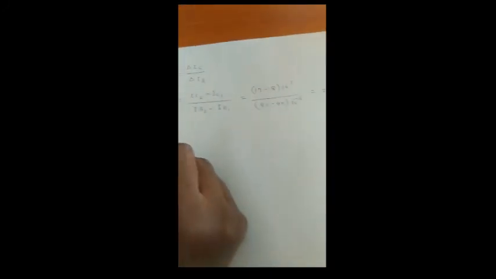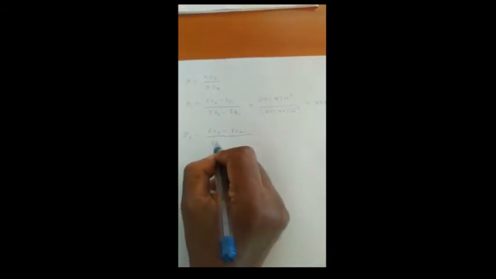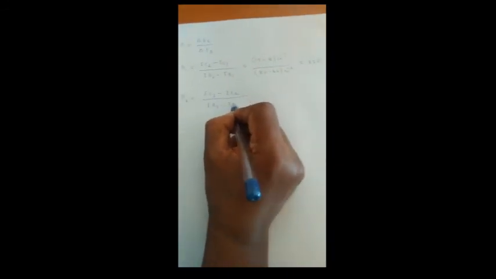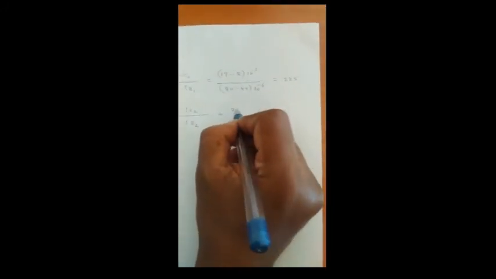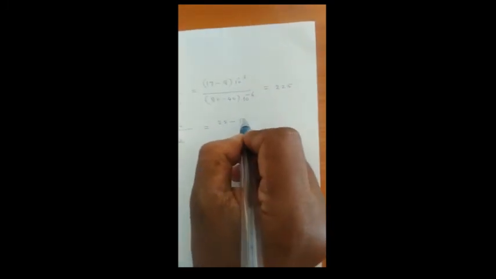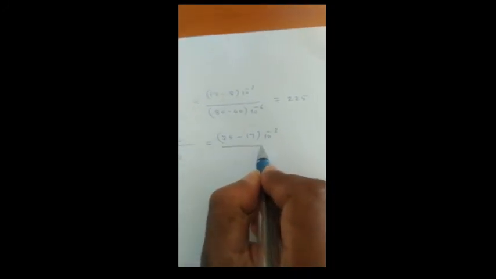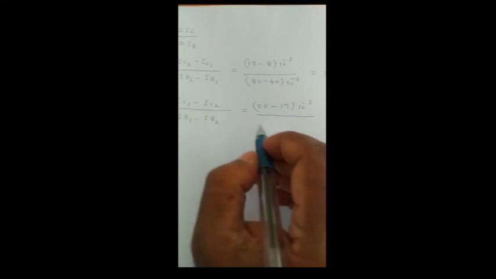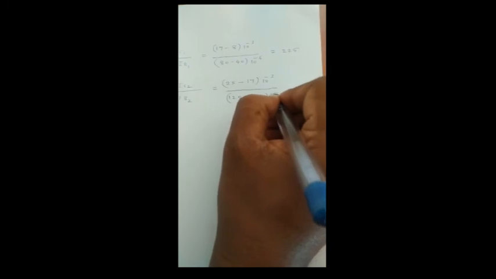Similarly, beta 2 is given by IC3 minus IC2 divided by IB3 minus IB2, which is equal to IC3 is 25 minus 17 into 10 to the power of minus 3, that is milliamps, and then IB3 is 120 minus IB2 is 80 into 10 to the power of minus 6.